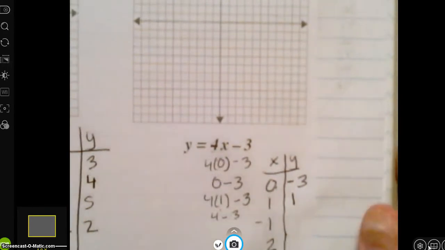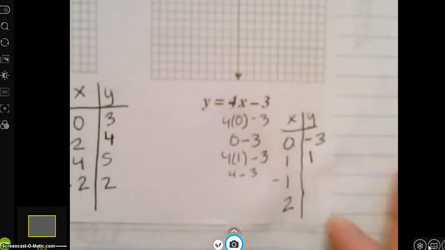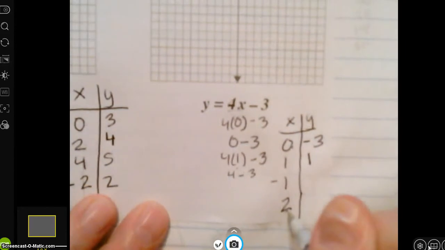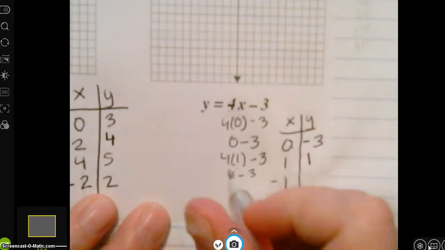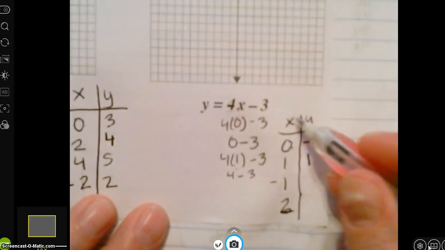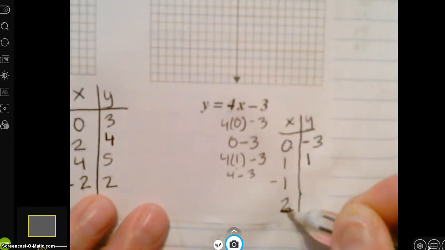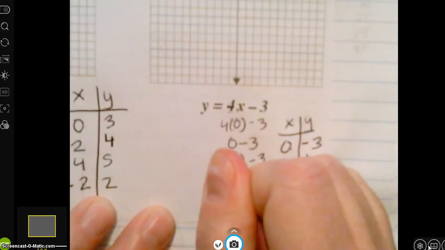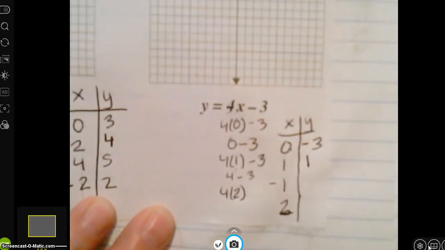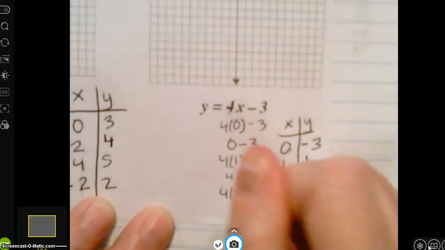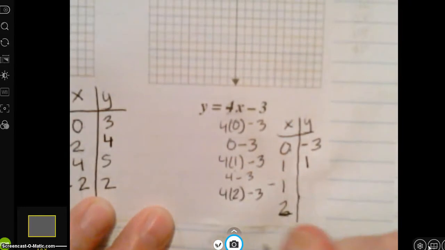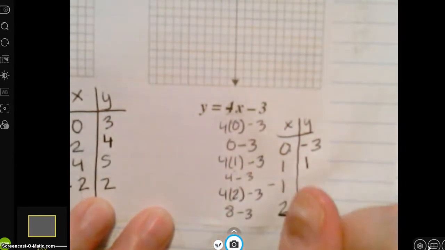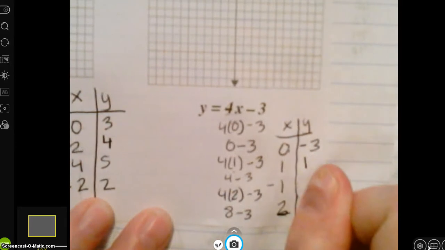Okay, so that's my next point. Let's do the other positive real quick. I want to make sure we're understanding before I try to get into maybe confusing you with the integers here. Okay, so now x is 2. 4 times 2 minus 3. What's 4 times 2? 8 minus 3 is 5.